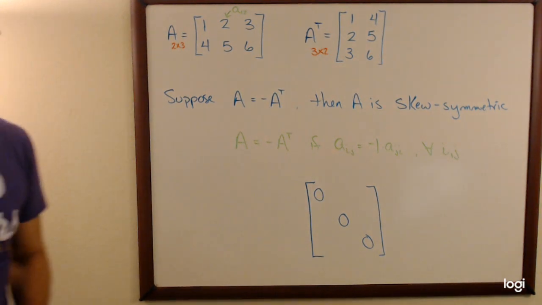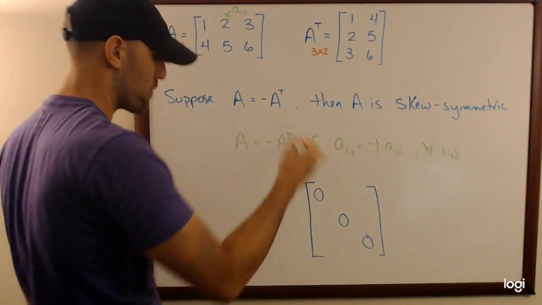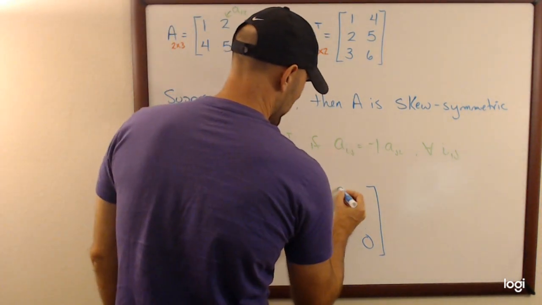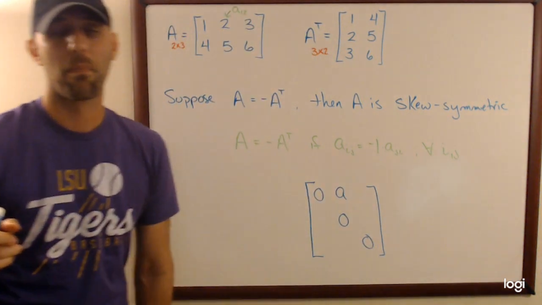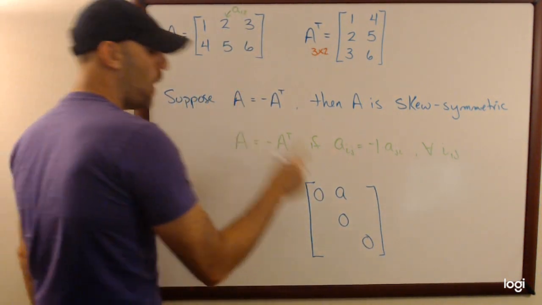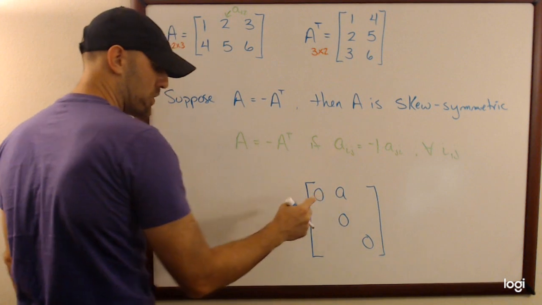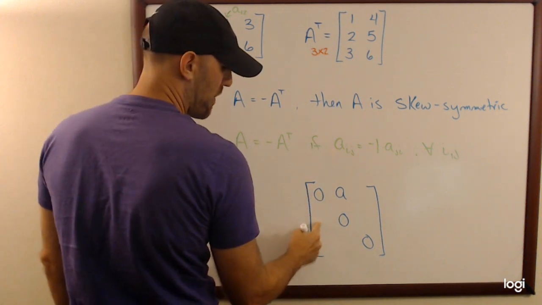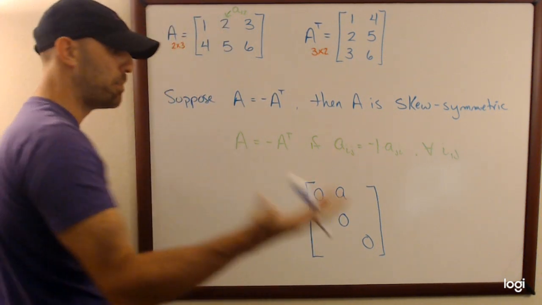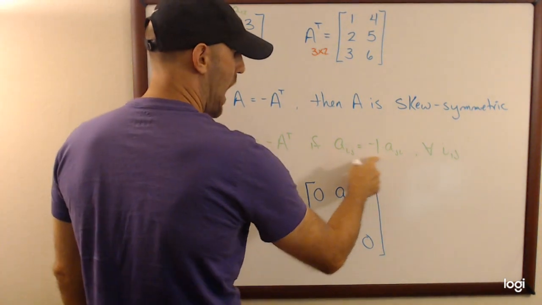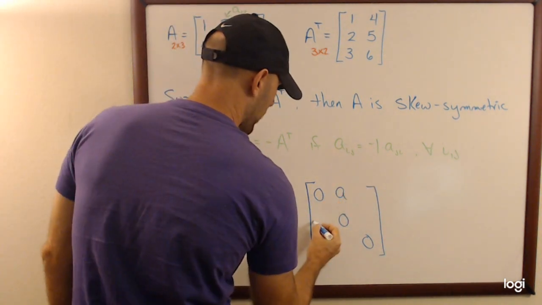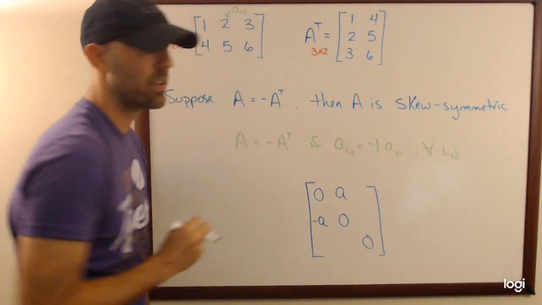What about A12? So these are non-diagonal entries. Well, A12, I don't know what that is. Could be anything. But once I pick a value for A12, I know what the value for A21 would have to be, right? It would have to be the opposite of this value, negative A. Right?